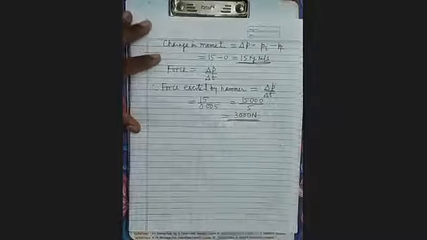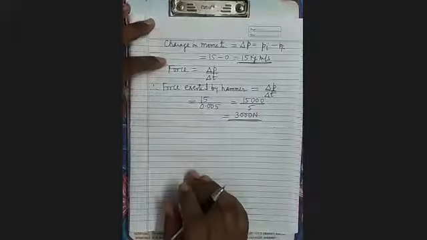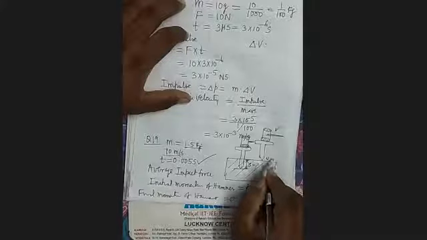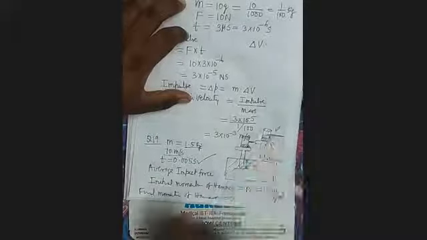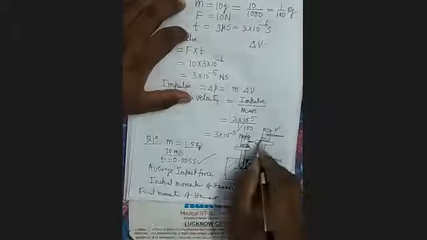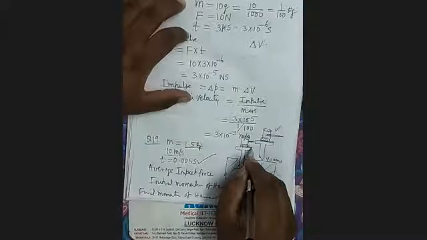Then you have to find the distance of penetration, that is, how much distance it has penetrated. You can see here, its velocity is V equals 10 meter per second, because it is striking with 10 meter per second here. Now the velocity has become 0.